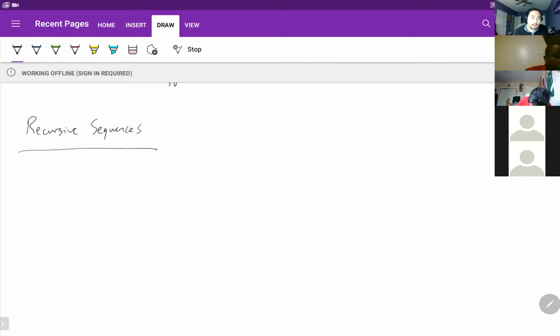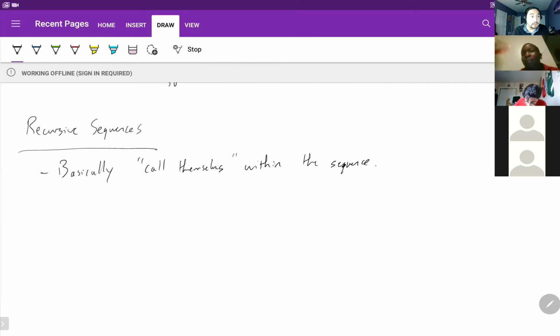Recursive sequences are sequences that call themselves within the sequence. It's like a sequence that calls its own rule and applies it over and over again, depending on what input you're looking for.